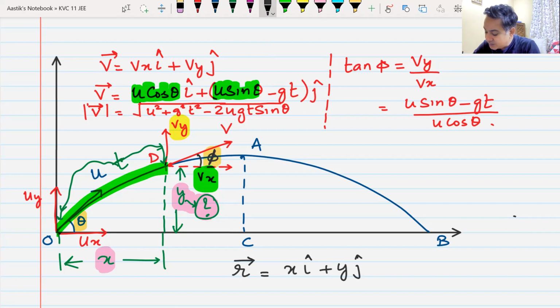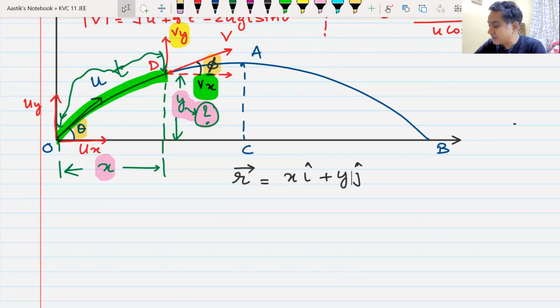The diagram looks very bad, so I will try to do it in a different, smaller diagram so that you are able to understand how this displacement vector looks.